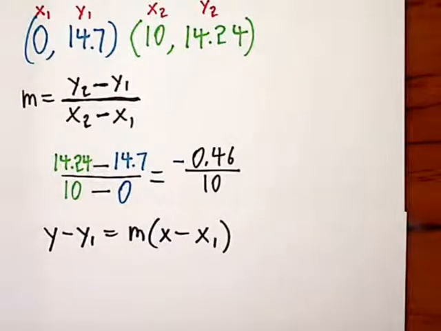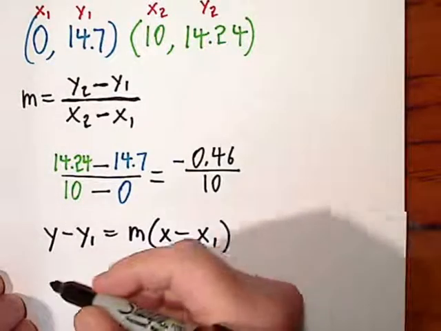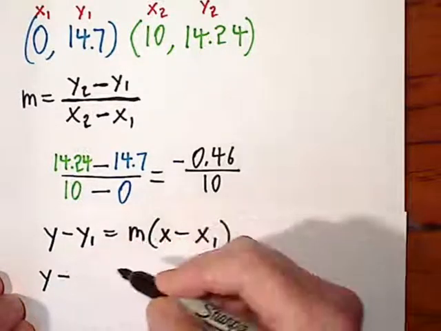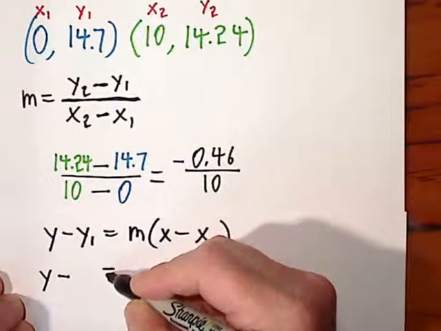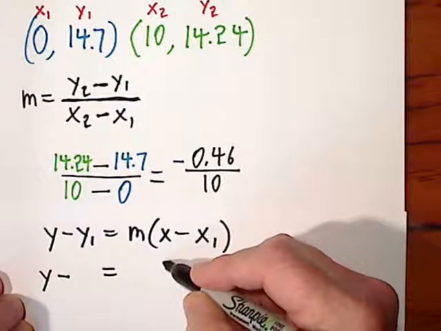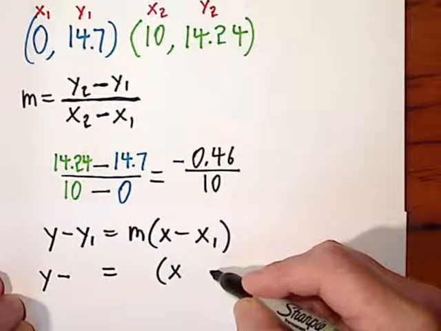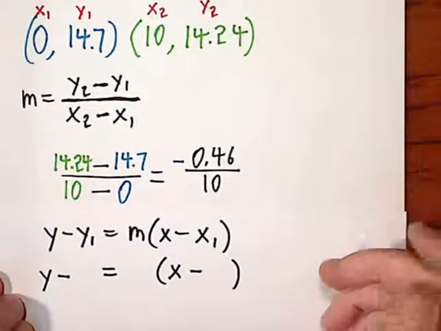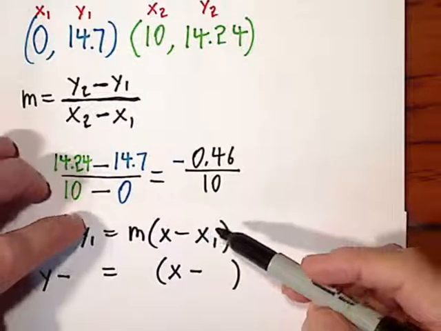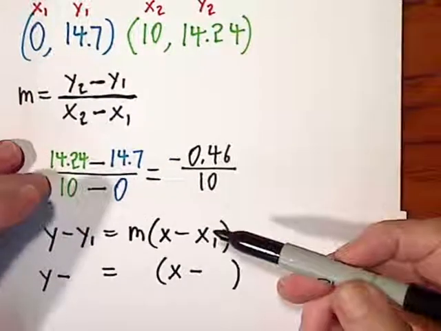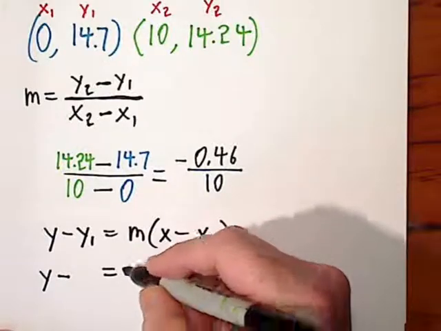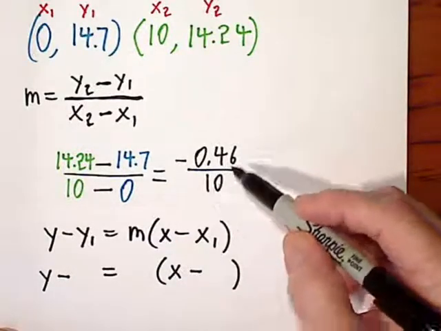Before I put anything on the paper, the stuff that's sitting here is y minus, then equals, x minus. Now I simply plug in my x1, y1, and m.